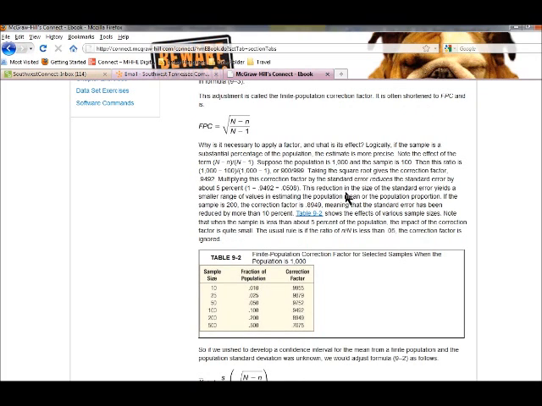Now, perhaps what you're asking is, why is this even necessary? And remember, I did tell you we stand on the shoulders of others. The gist of this, what they're trying to show you in this chart, is that if I have 1,000 employees and I just take a sample of size 10, it's going to have a lot of error in it, isn't it? If I get 10 kids in a room out of 1,000 kids and I say, what's your favorite color? Once one of them says purple, probably everybody says purple, right?